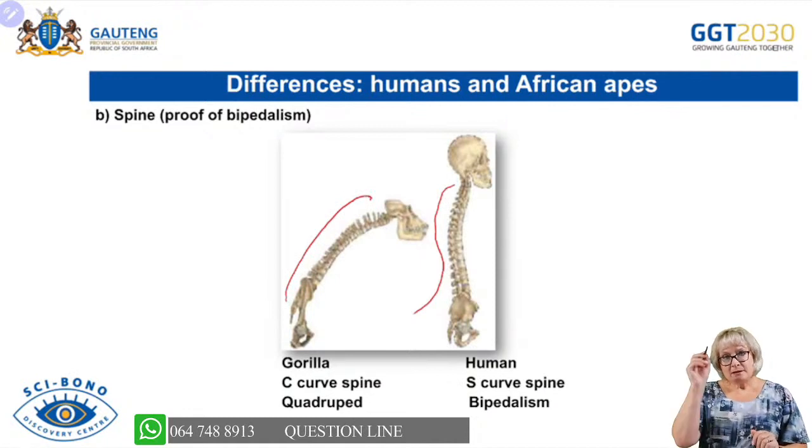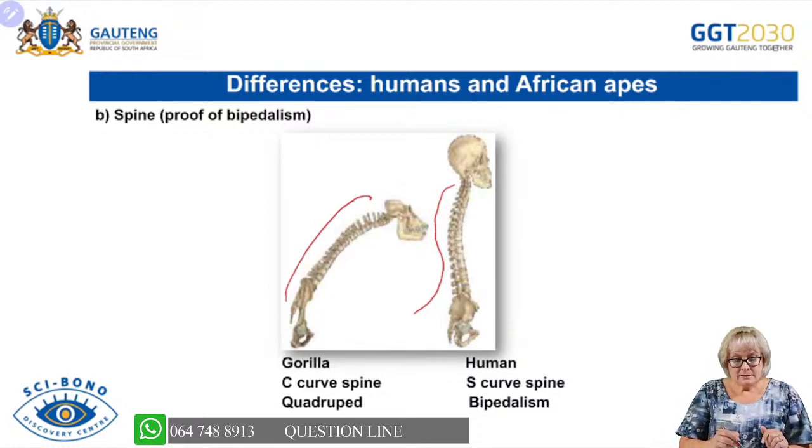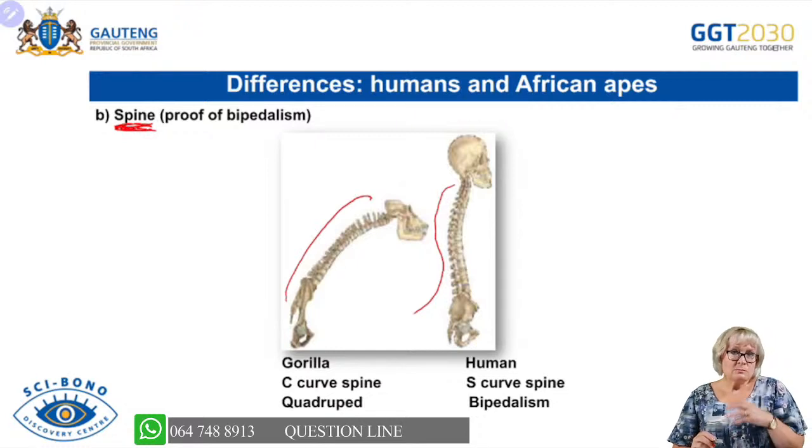Because our spines are S-shaped, it helps to absorb shock when we walk. And it also allows us to have an easier way of walking than what we find in African apes. So you must know that the form of your spine in humans is S-shaped, while in African apes, it's C-shaped.